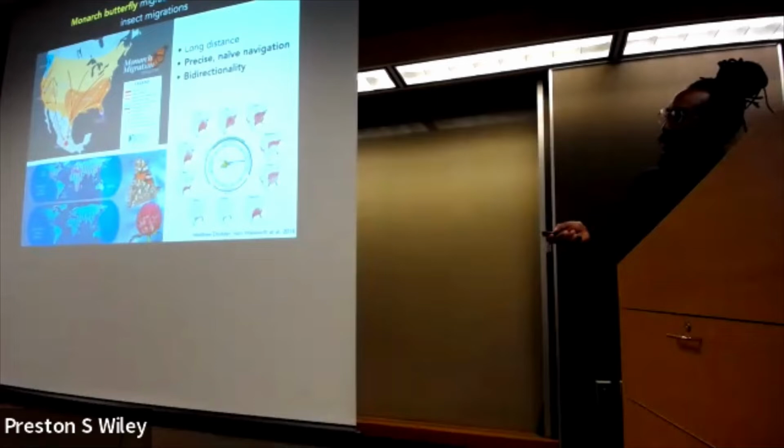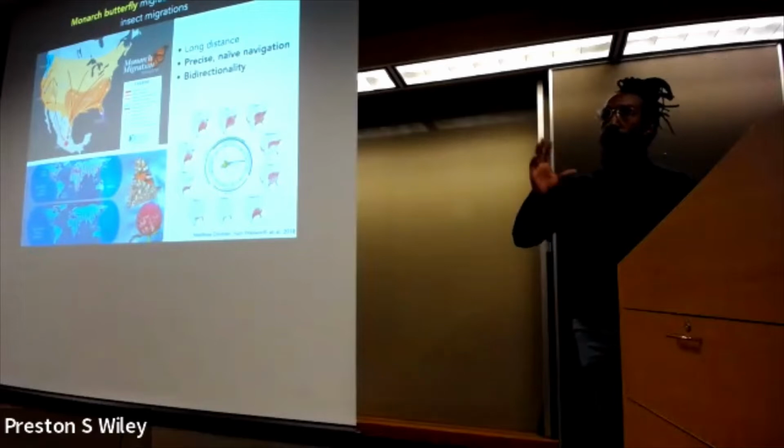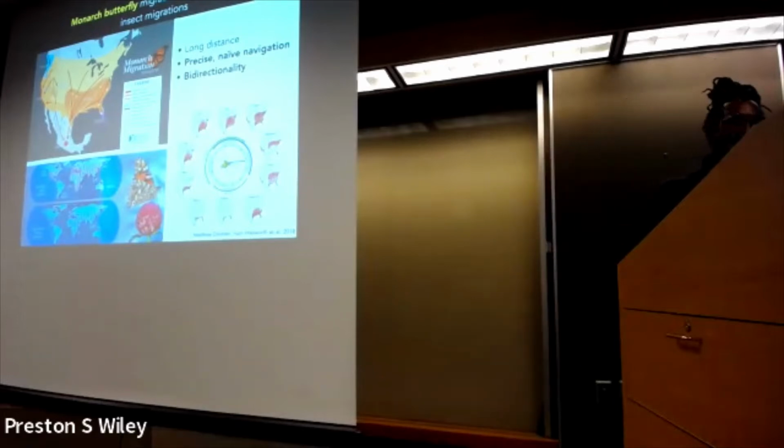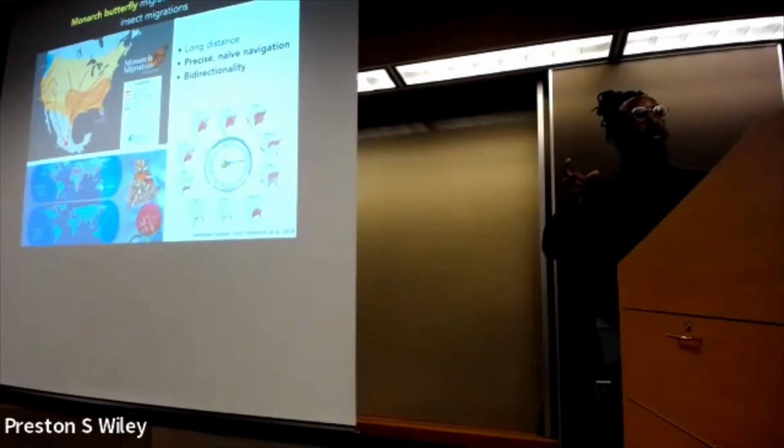And then in this bottom right corner, you have the green darner dragonflies. They also move on a continental scale, but what's different about monarchs is that one individual will move in both directions.